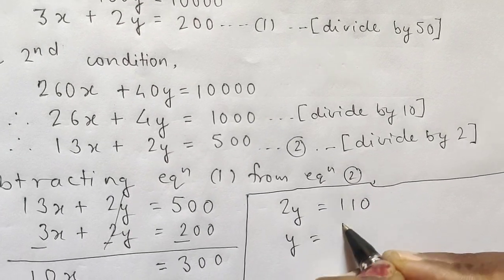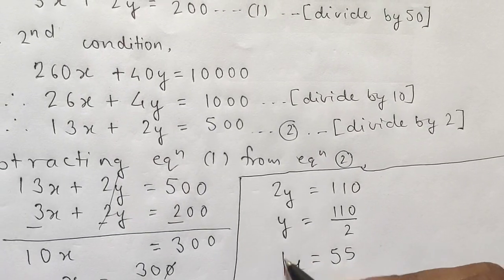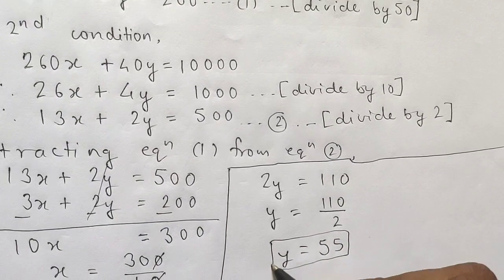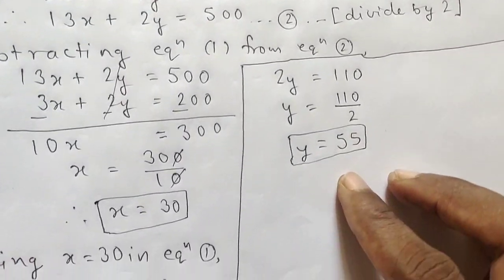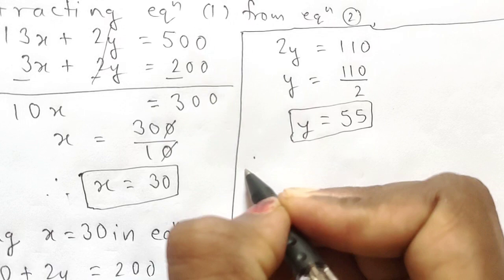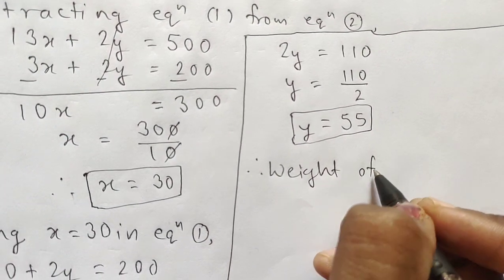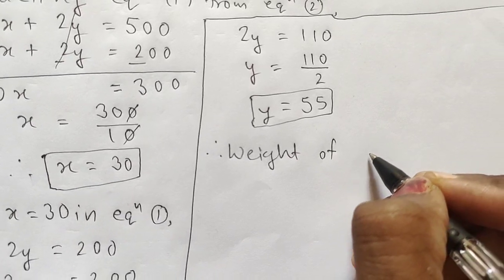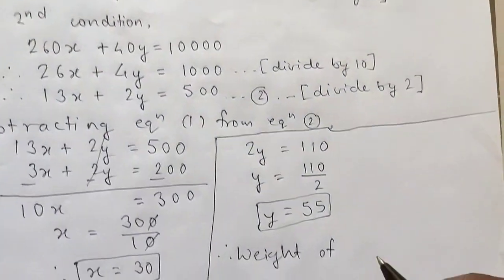Now what will be your y? 110 upon 2, and you know 110 upon 2 gives you 55. Okay, so we got y 55 and x 30. So finally we can write our final answer. Therefore, weight of each box of type A, see, in this way we are going to write our answer.